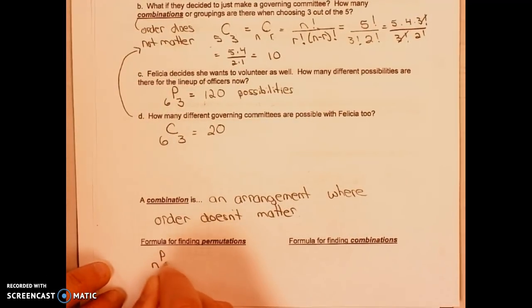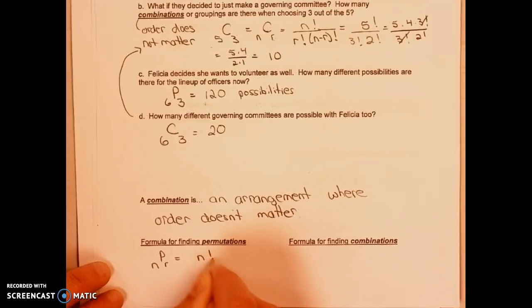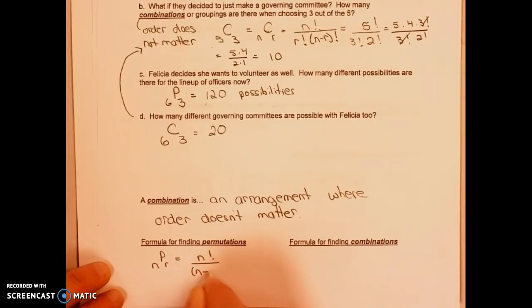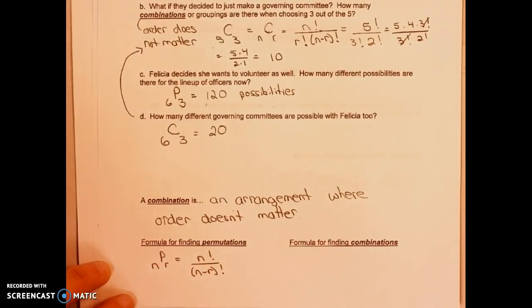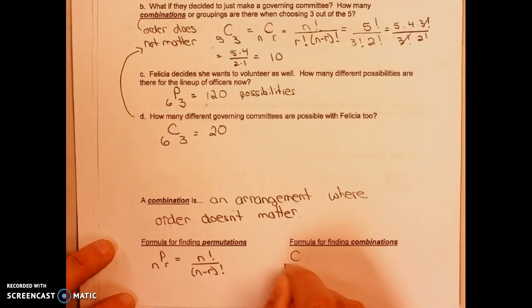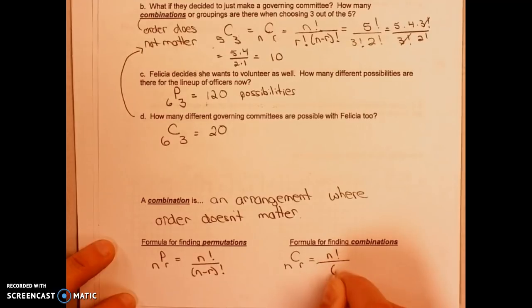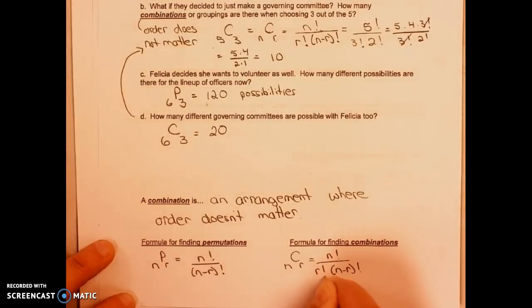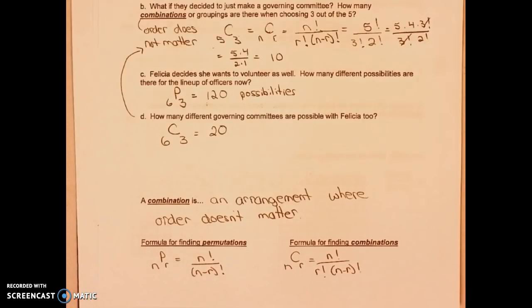We had n choose r. That's n factorial over n minus r factorial. For combinations of n choose r, again, n factorial, n minus r factorial over that r factorial. And just like previously, we'll give you these general formulas as well.